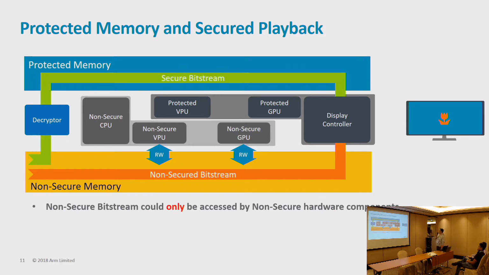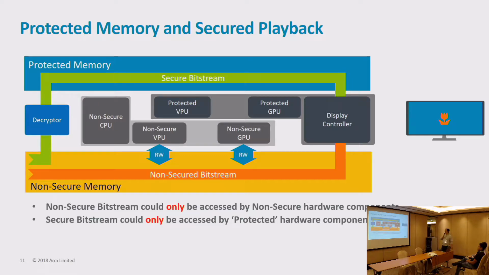A secure bit stream could only be accessed by protected hardware components. If it is encrypted, we have a decryptor to read only it, and write only to the protected memory. A protected VPU and a protected GPU could do read-write operations on the protected memory.